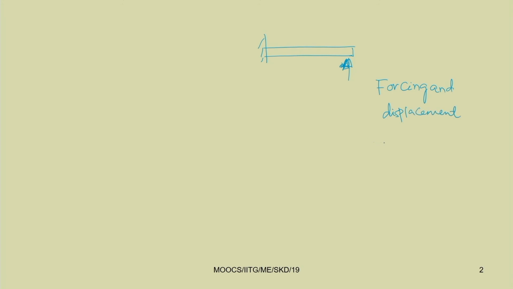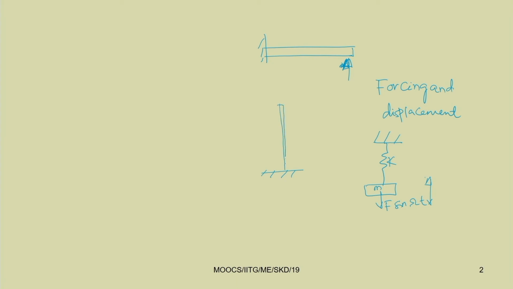Second example, take a spring mass damper system, or spring mass system. Here also, if you are applying a force in this direction, that is f sin omega t, the displacement is also taking place in the same direction. But let us take another example where we have a column.